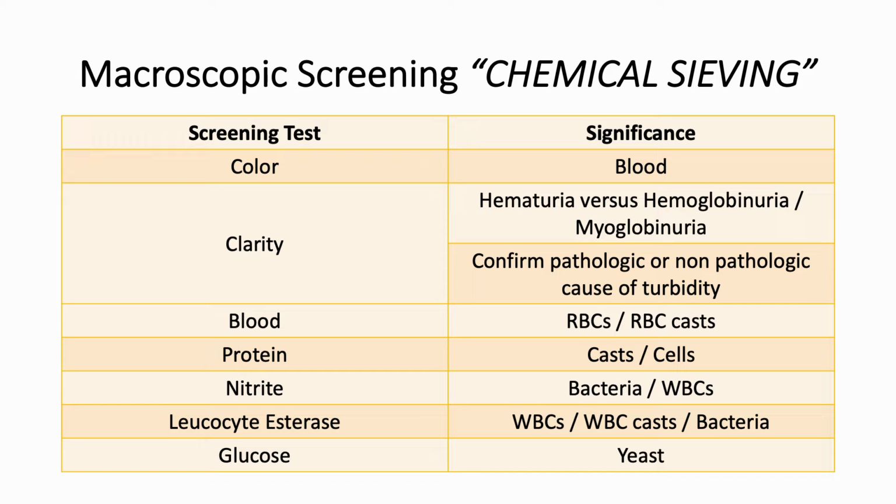This is known as macroscopic screening or chemical sieving, where abnormalities in the physical and chemical portions of the urinalysis play a primary role in the decision to perform a microscopic analysis. You have different parameters including abnormalities in urine color, clarity, presence of blood, protein, nitrite, leukocyte esterase, and possibly glucose.